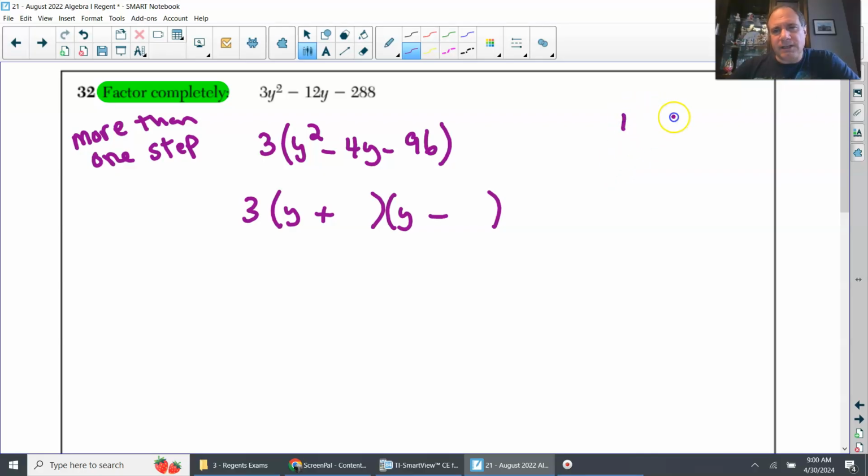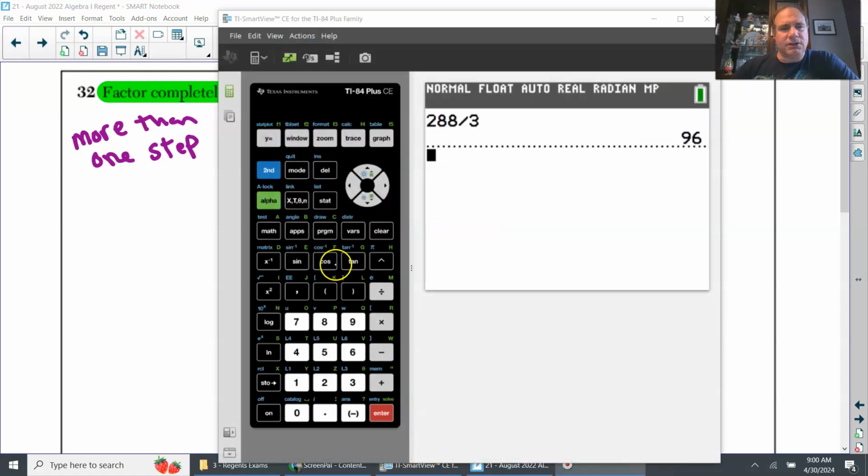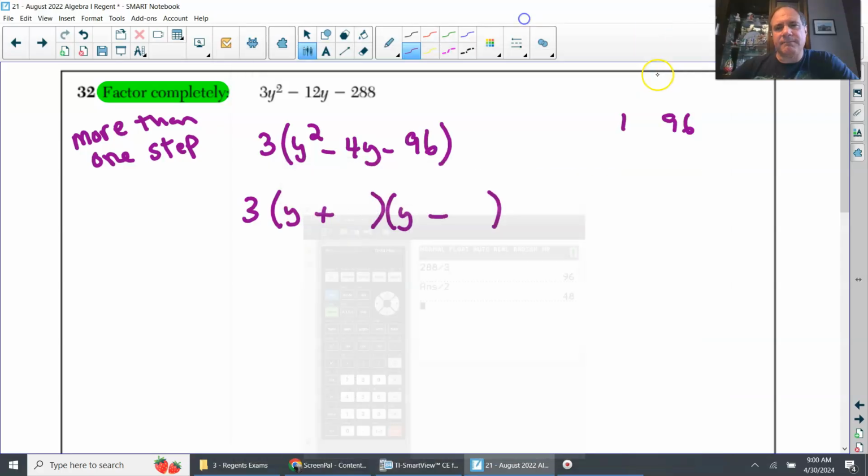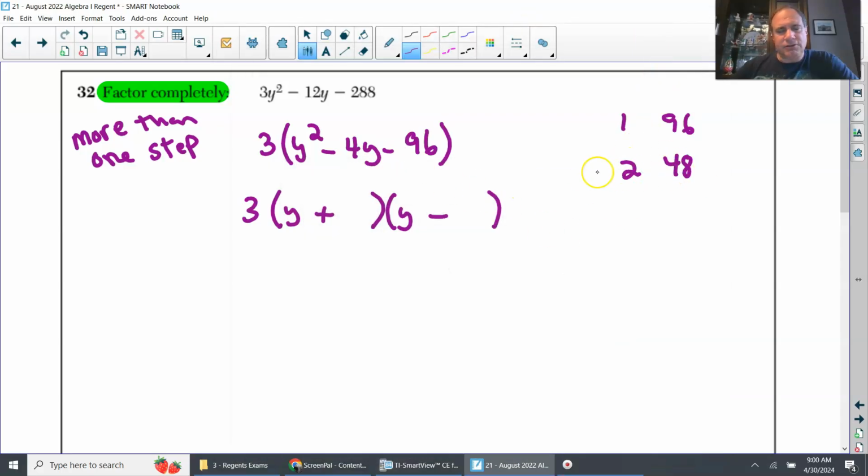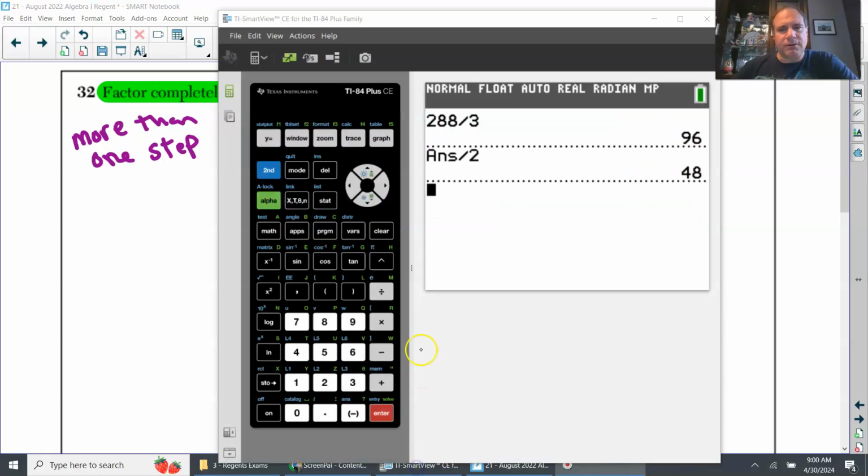So the first thing that I'm going to do is 1 and 96. And then 96 divided by 2. Let's see if that works. Yep, 2 and 48. You can't make 4 out of those numbers. So I'm going to go to 3. 98 divided by 3. And let's see if that works.